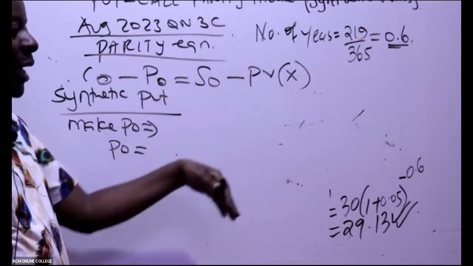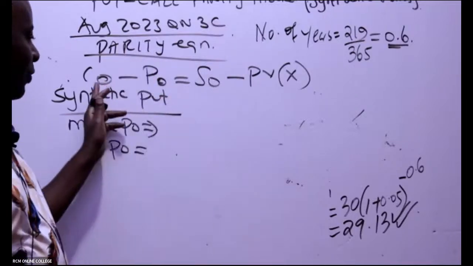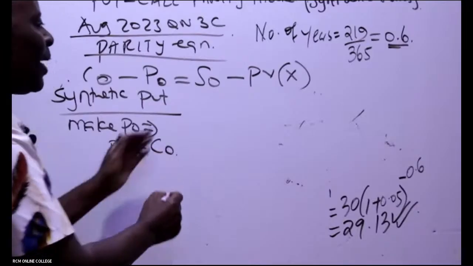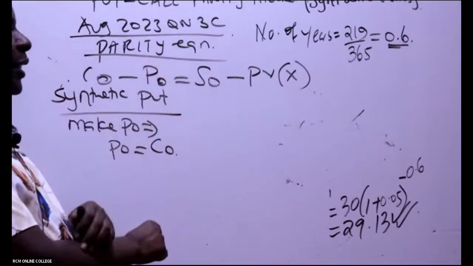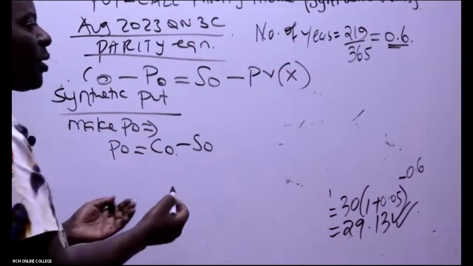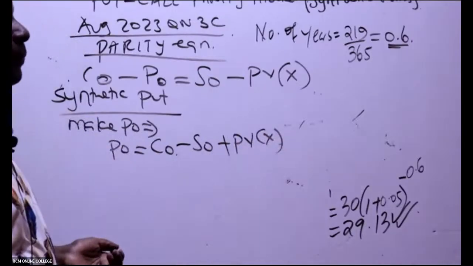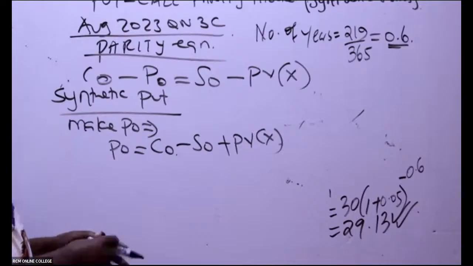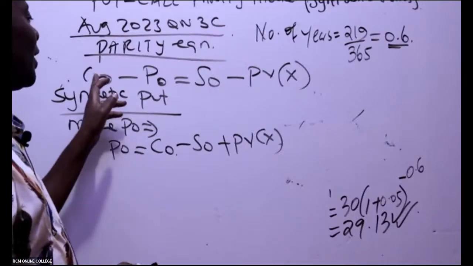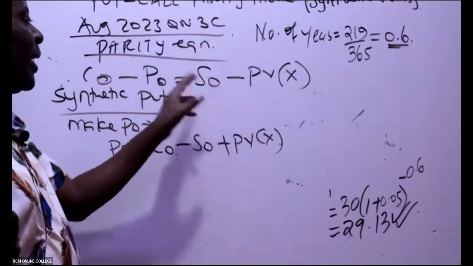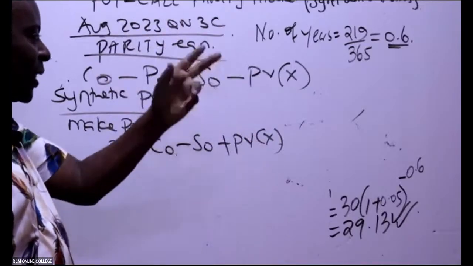When it crosses over, it becomes positive. And then I leave CO here. But now all the others must cross over, right? So minus SO plus PV of X, like that. Alternatively, I can take this to the other side, but remember this will be negative, so you must change the signs.